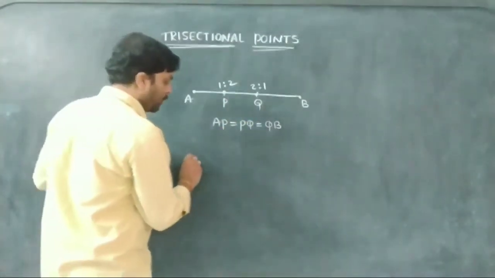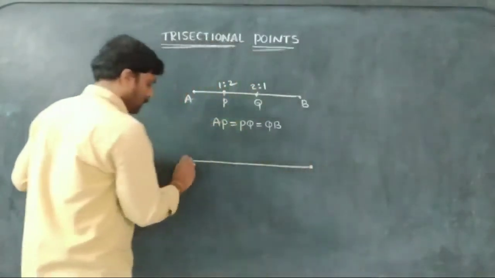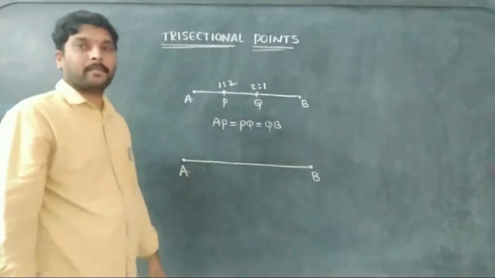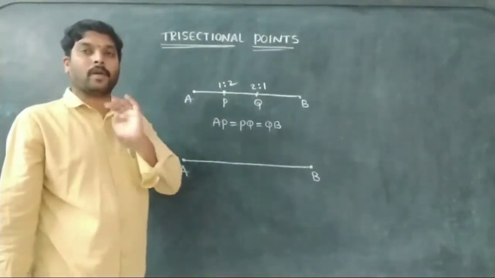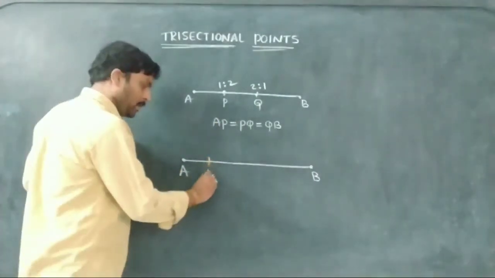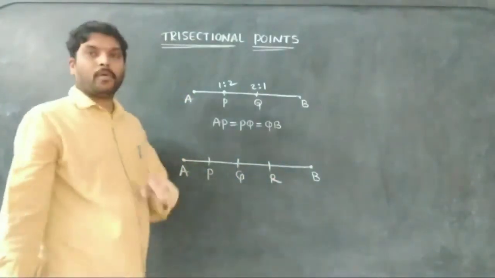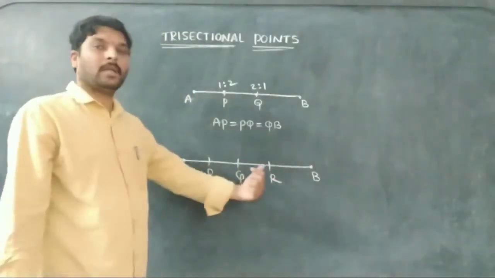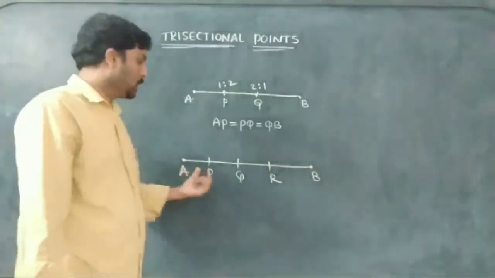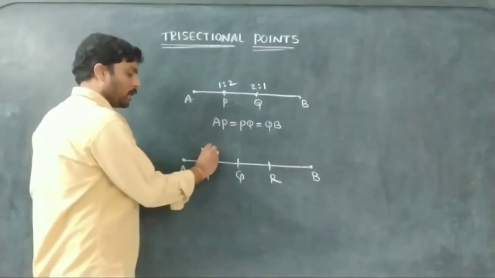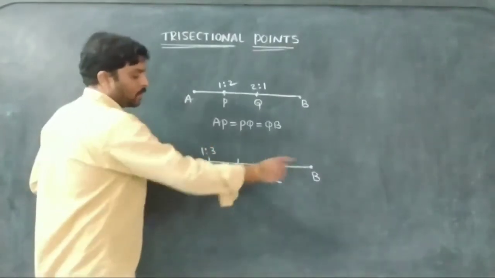Similarly, here AB is a line segment, and this line segment is divided into 4 equal parts. We need P, Q and R. Now P divides in the ratio 1 is to 3, 1 part, 3 parts.